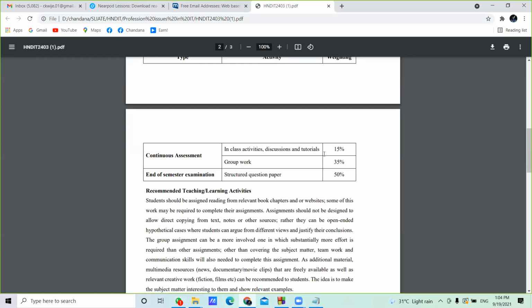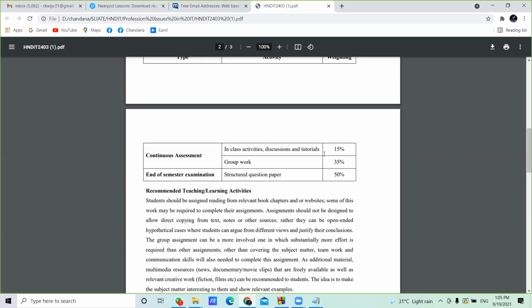Here I am assigning a group activity. Later I will tell you what you want to do. The other 15 marks are for classroom activities, right? The first thing is your attendance. I am considering your attendance in giving this 15% of marks, because classroom activities and discussion are all done during the class hours.